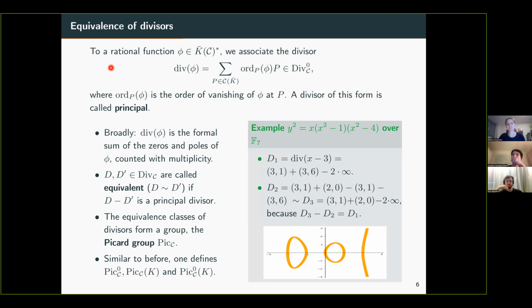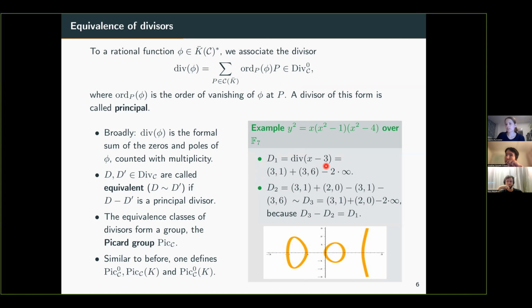Maybe I just want to explain a little bit more informally what this means. If we take some rational function, we associate to it the divisor that has in its support the zeros and the poles of this rational function along the curve. What this means is maybe easier to understand with an example. Take d1, the divisor that's associated to x minus 3.